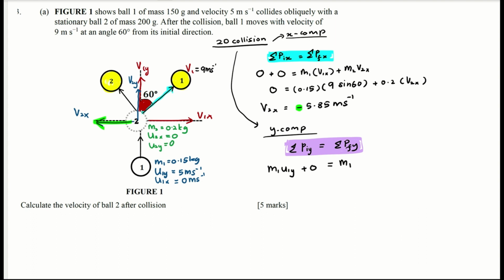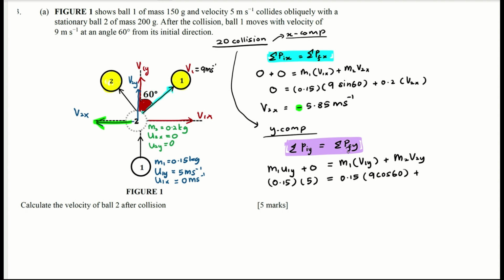But after collision both moving. In X and Y component dia ada nilai. So M1 V1Y plus M2 V2Y. So now M1 is 0.15 and then U1Y is 5 meter per second. M1 tadi 0.15. V1Y adalah 9 cos 60 degree.